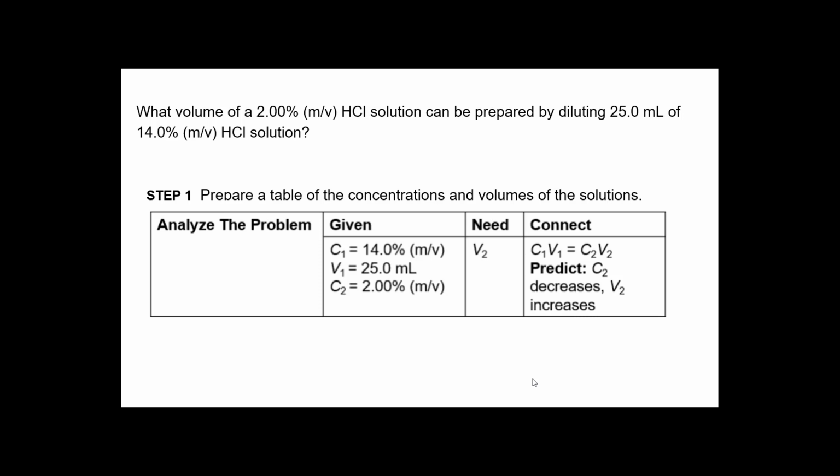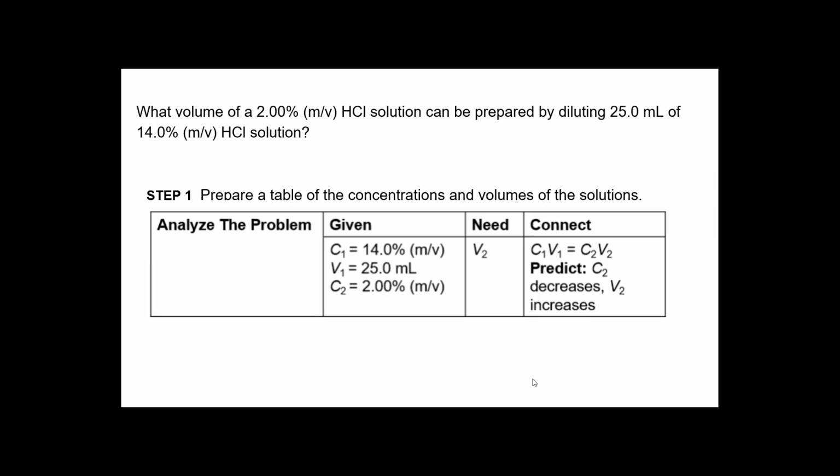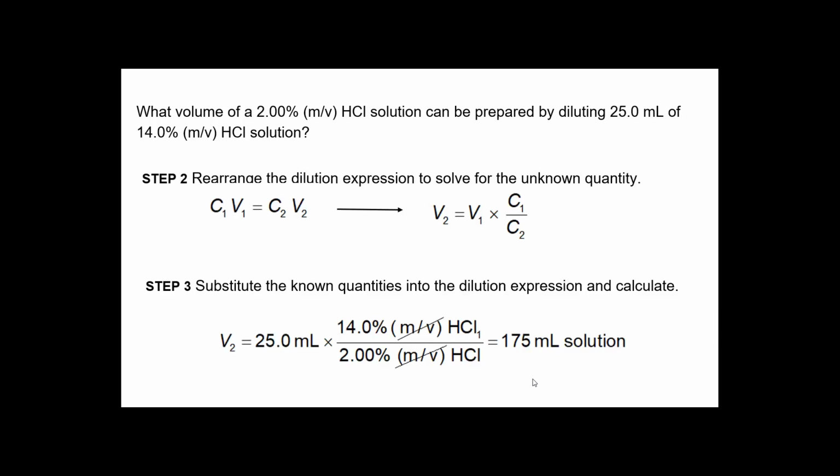The concentration is decreasing, so we expect the volume to increase. We solve for that, and this leaves us 175 mL of solution. So the concentration decreases, volume increases. We went from 25 mL to 175 mL, and that's exactly what happened.